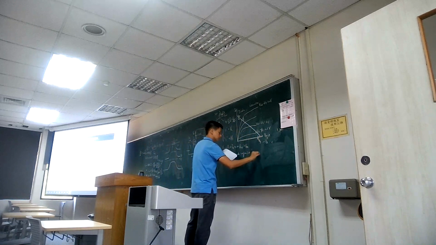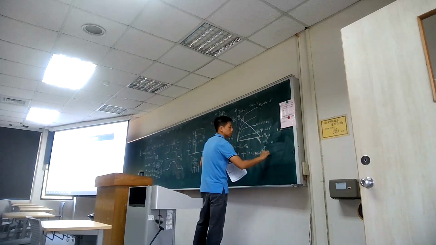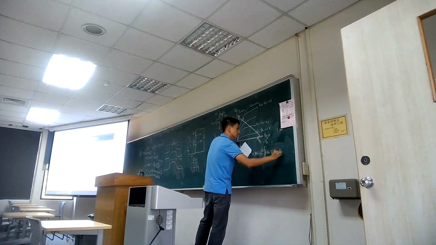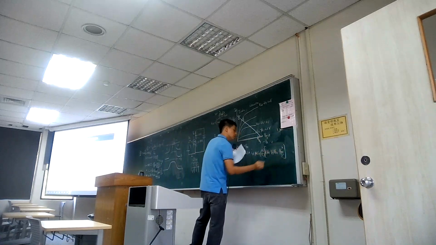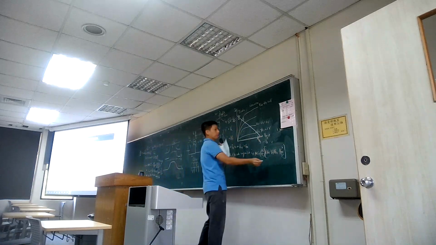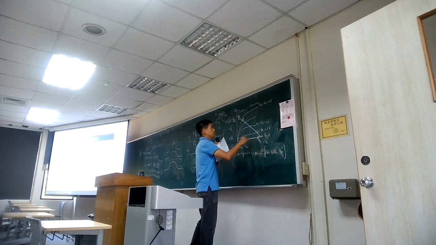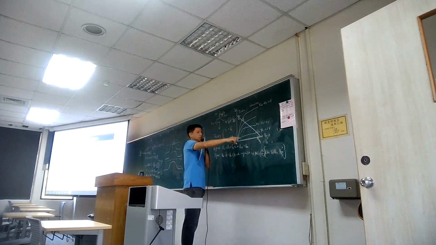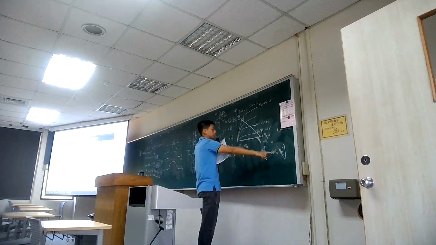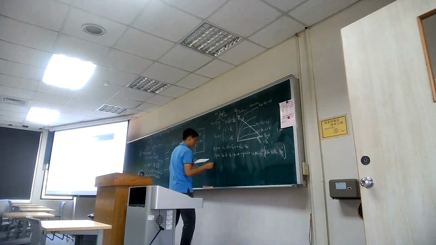What we get is ID equals mu n Cox W over L (VGS minus VT) VDS minus VDS squared over 2. Also, since this VDS is really small, maybe you can get rid of this part. So that's what will happen in the linear region. So we previously said it is in the linear region, right? In the linear region, it should be proportional to VGS minus VT and VDS.